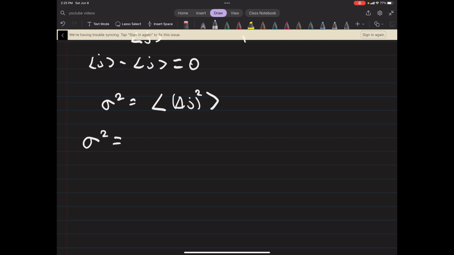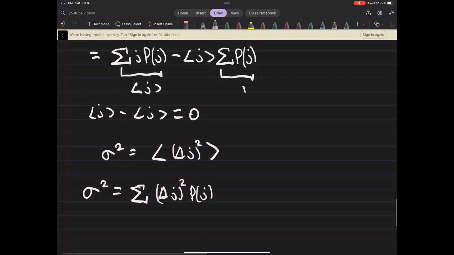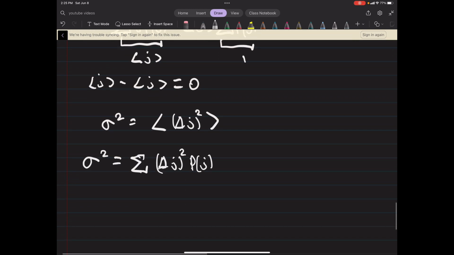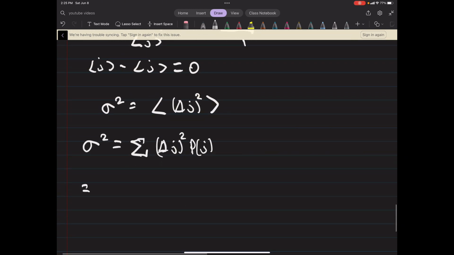So sigma squared then is the summation of delta j squared times the probability of j, since it's an expectation value. And we have our definition of delta j. So this is equal to the sum of j minus the expectation value of j all squared times the probability of j.